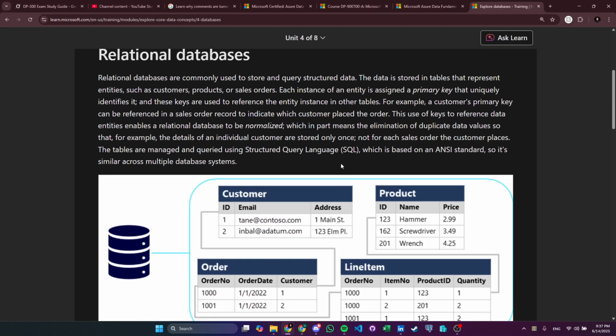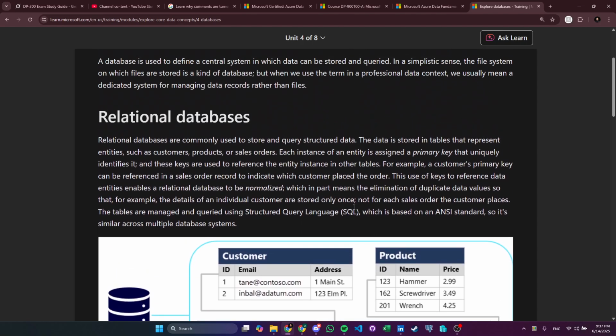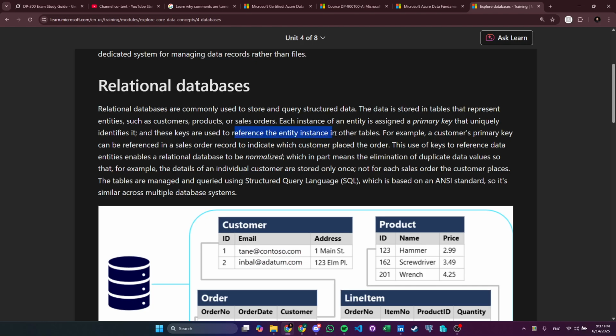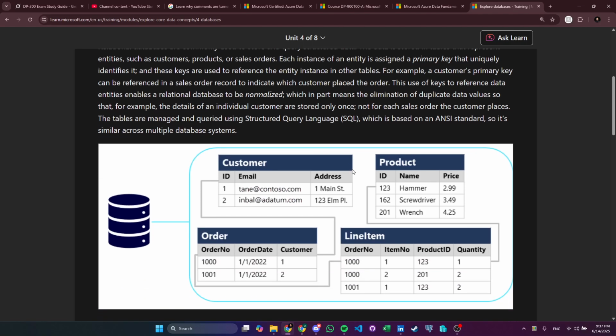As I mentioned previously, there is a primary key. Here it's the ID, order number, that is used to reference the entity instance in other tables. We use it in other tables to reference something specific. For example, a customer's primary key can be referenced in a sales order record to indicate which customer placed the order.